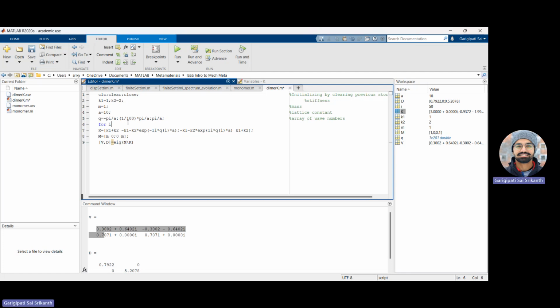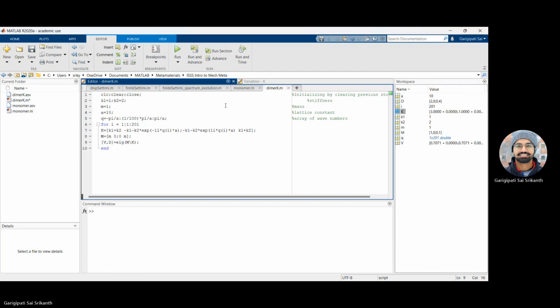Write a for loop for I equal to, let's have a look at what is the dimension of Q. Q is 1 by 201. So 1 to 201. Yeah, that seems to have solved it.